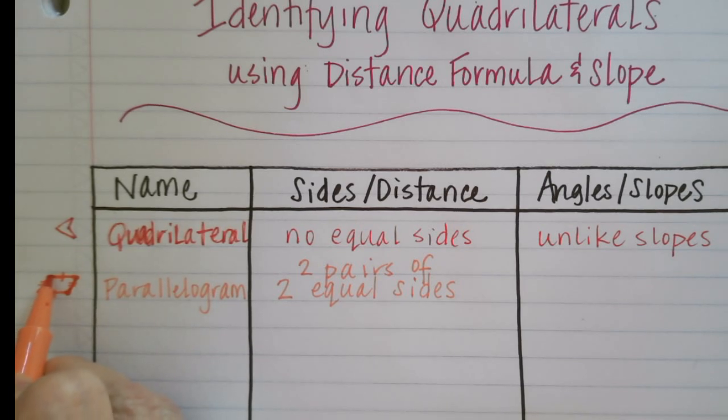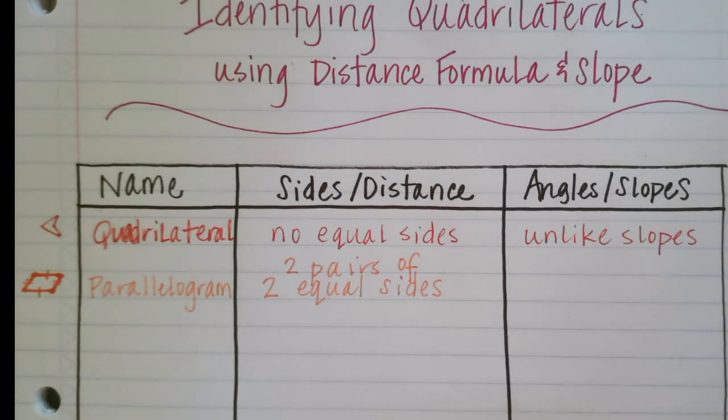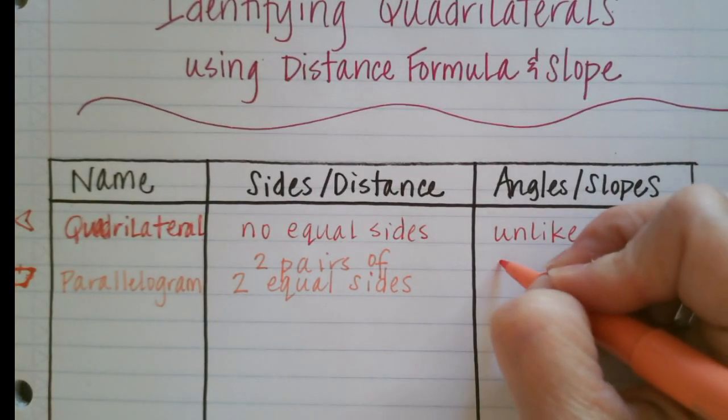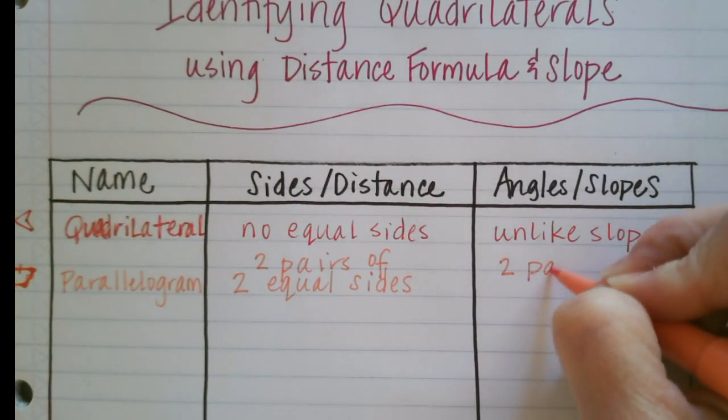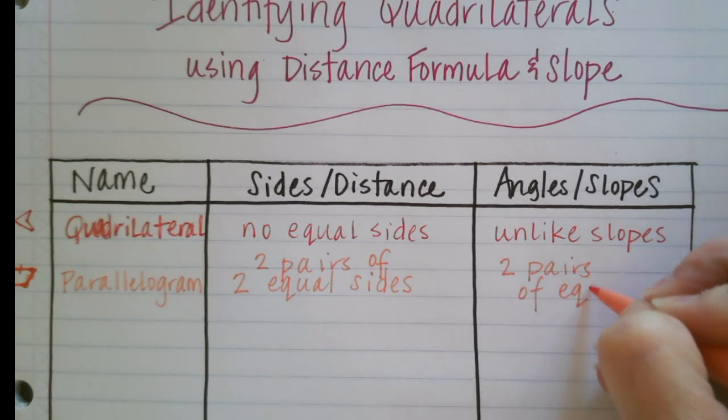And then the slope of the top is going to be the same as the slope of the bottom because those sides are going to be parallel. In order to have parallel sides, slopes are the same. So we are going to have two pairs of equal slope.